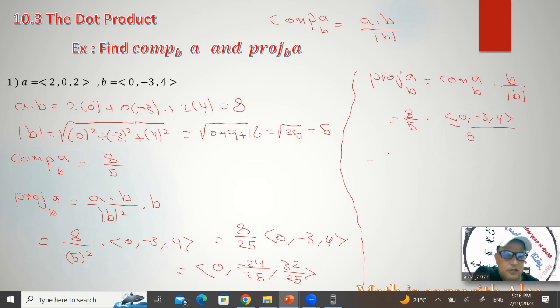So it will be the same, 8 over 25 times 0, negative 3, and 4. When you multiply them, it will be the same answer: 8 over 25 times 0 is 0, 8 over 25 times negative 3 is negative 24 over 25, and 8 over 25 times 4 is 32 over 25. So this is how we can find the component and the projection.